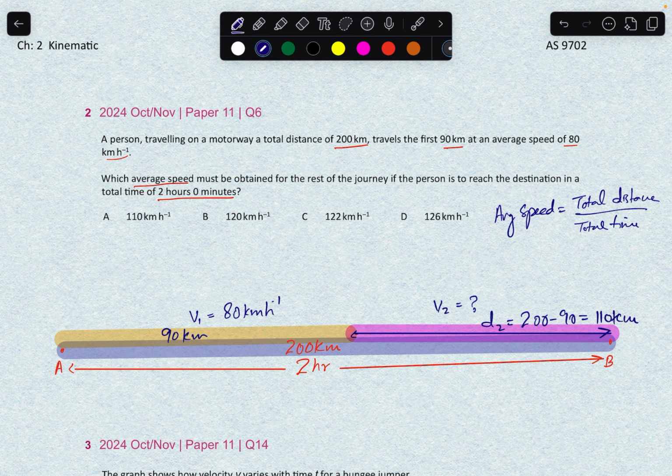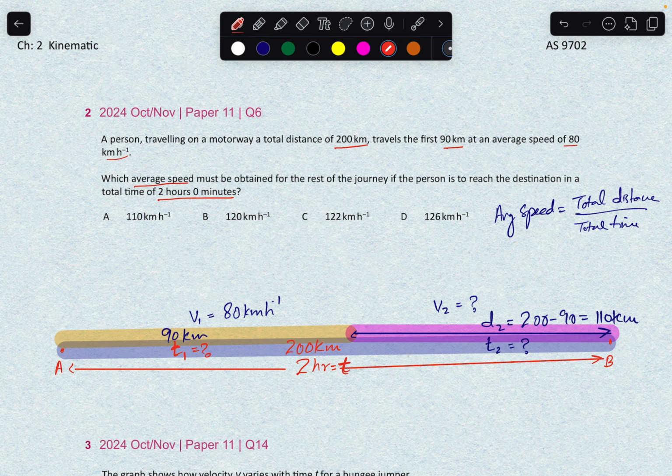Okay. So what I need is the time. So what will be the time it has spent here in this journey? Okay. Total time is 2 hours. If I can find somehow the time spent to travel this 90 kilometer, then I can find the t2 as well, because let's suppose this is the total time T, right?